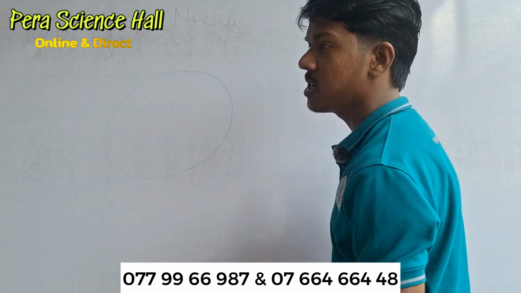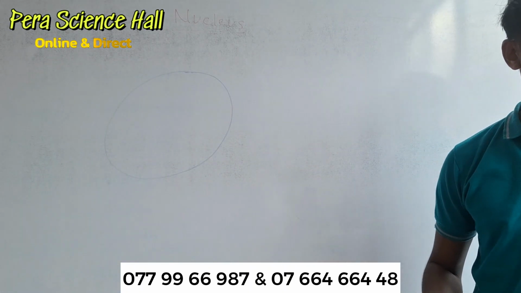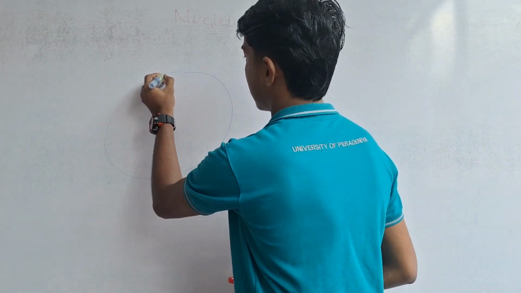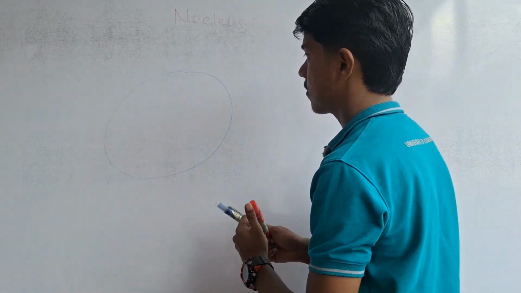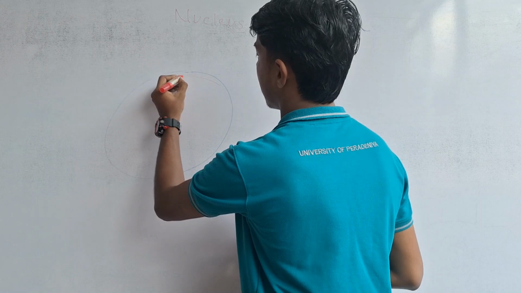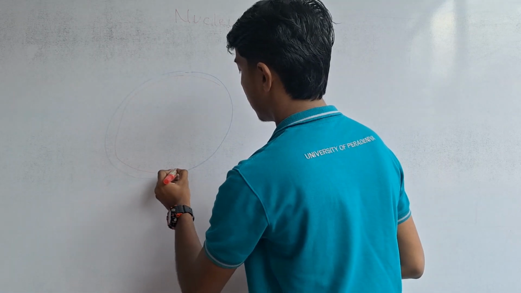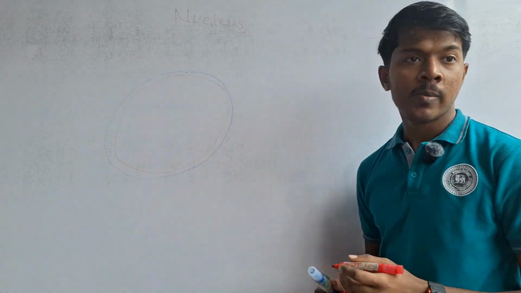Normally, what's the shape of the nucleus? Spherical shape. The nucleus is made up of two membranes.